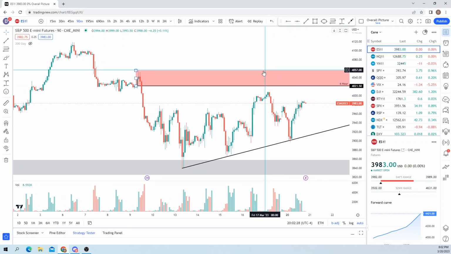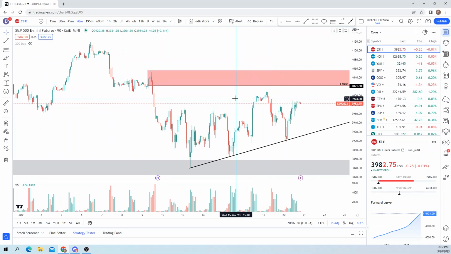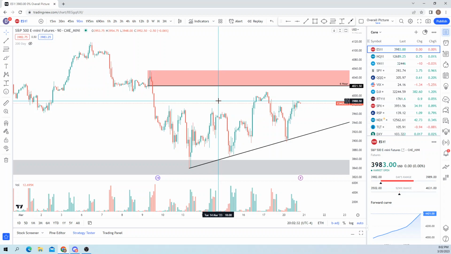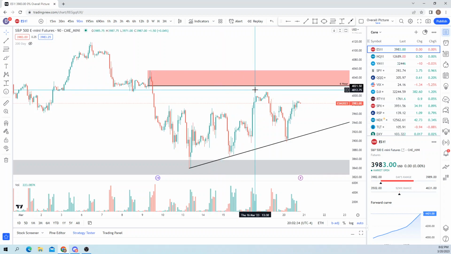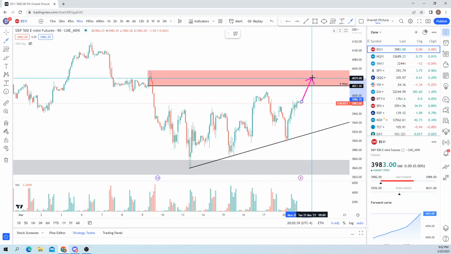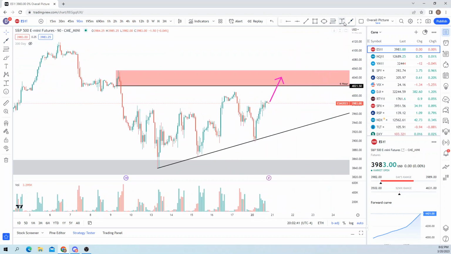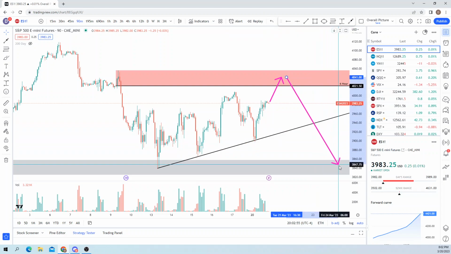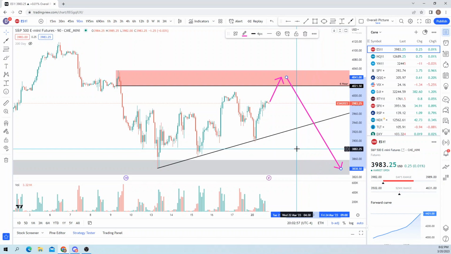So what I want to see, and I will participate in this, but I will show you guys a better short in my opinion, is a move up into this zone, which could then trigger a move back down to test this trend line again, and then it'll be up to the bulls to hold that, and if they cannot hold that, then it'll go back down to this gray shaded area.